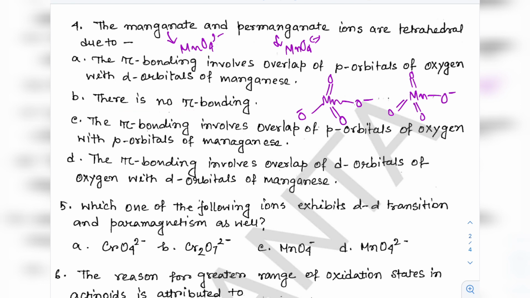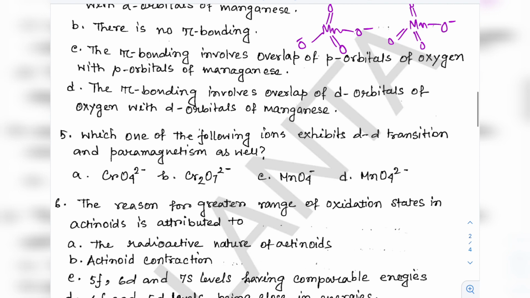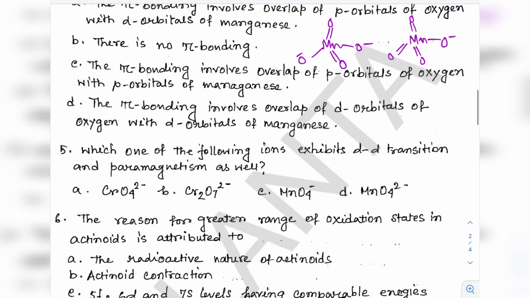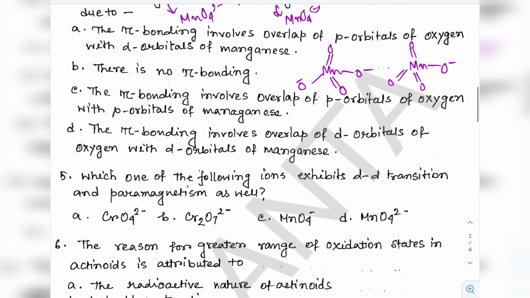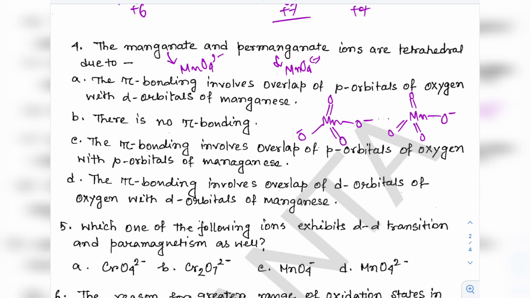Of course, it is quite clear from the structures that these pi bonds are present over here. Next, option C is the pi bonding involves overlap of p orbitals of oxygen with p orbitals of manganese. Not p orbital of oxygen with d orbitals of manganese. And option D is the pi bonding involves overlap of d orbitals of oxygen with d orbitals of manganese. No d orbitals are present in oxygen. So option A is the correct answer.